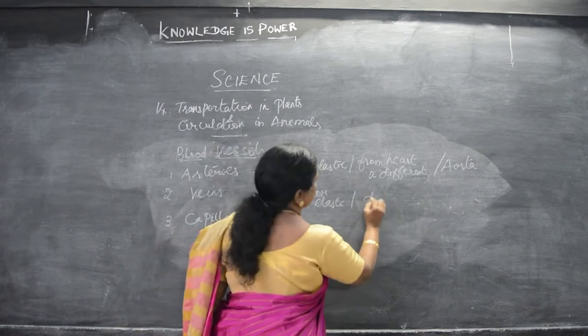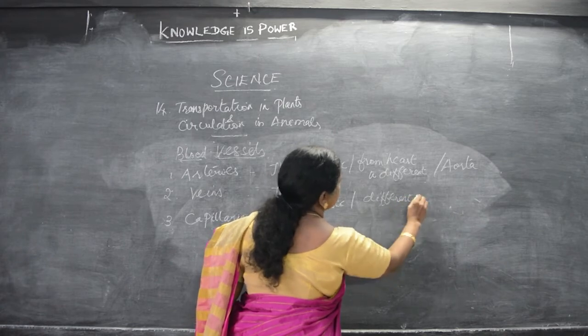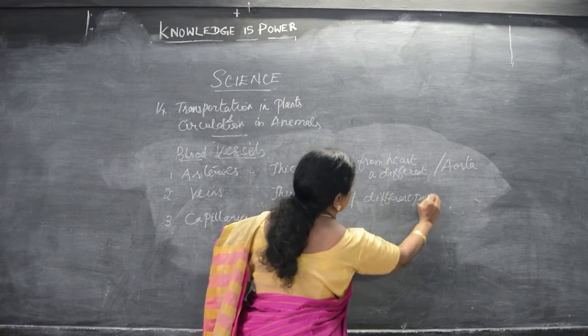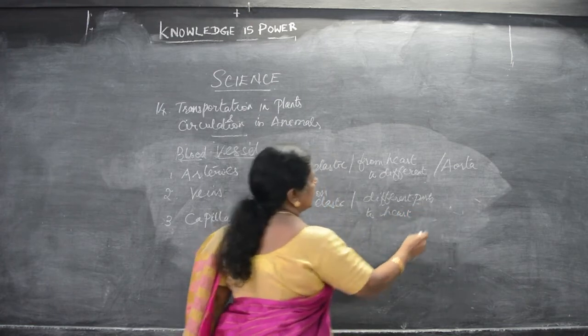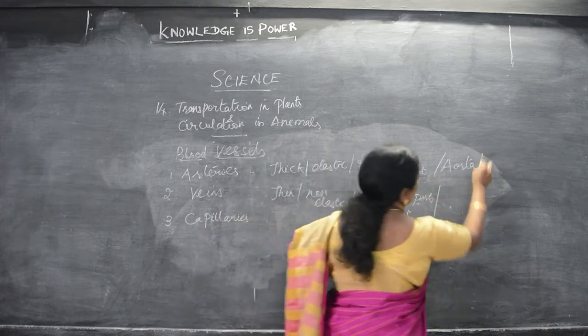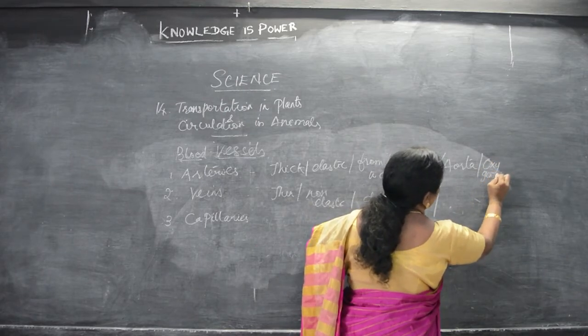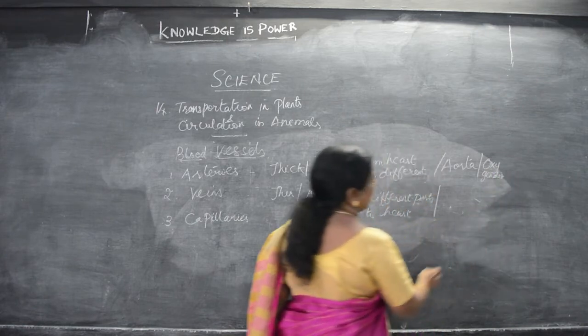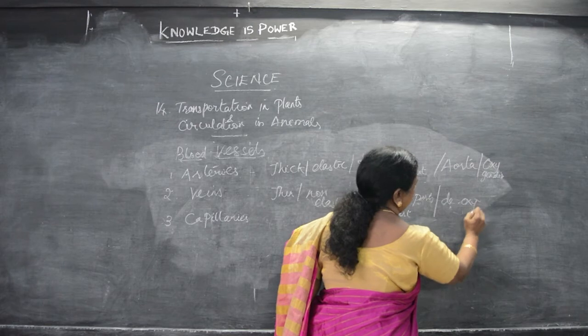From different parts it collects the impure blood, that is deoxygenated blood, to the heart. Arteries always carry pure blood, that is oxygenated. Veins carry impure blood, that is deoxygenated, that is carbon dioxide.